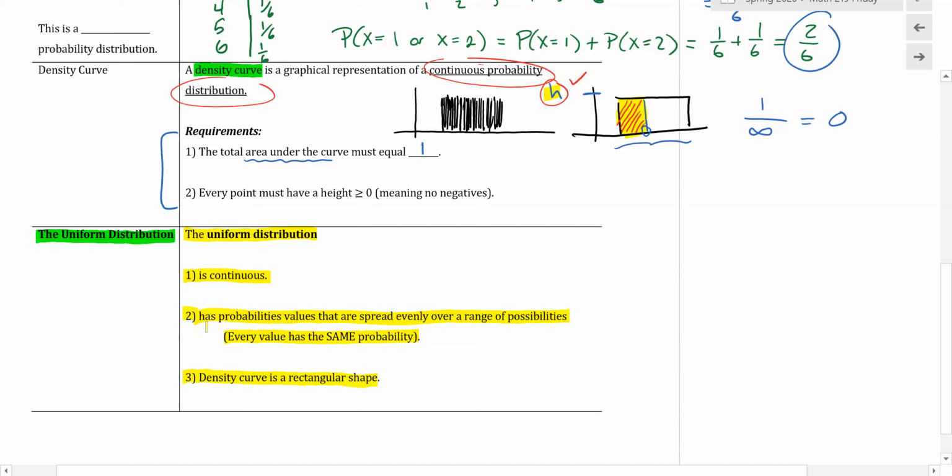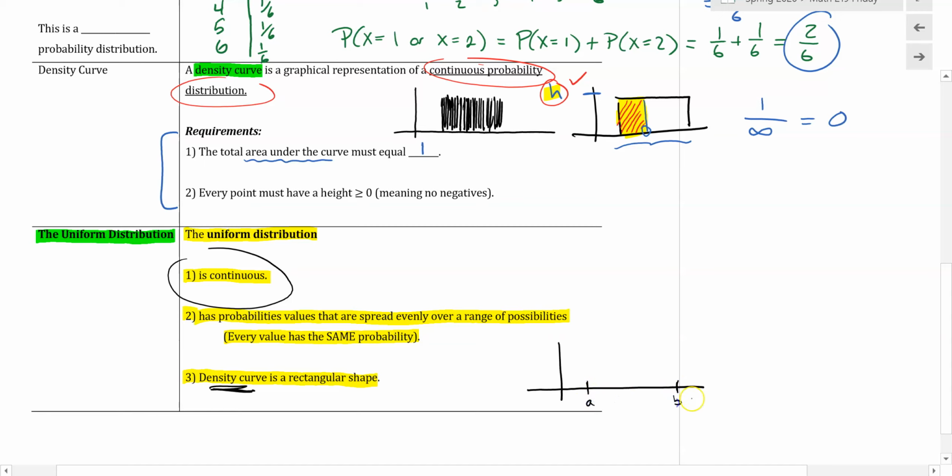So if I were to map out the density curve, which again is just the visual graph of the probability, it's just like what we did with histograms, showing relative frequency, which is probability. It's just here we have a continuous random variable. So between A and B there may be infinitely many data values.